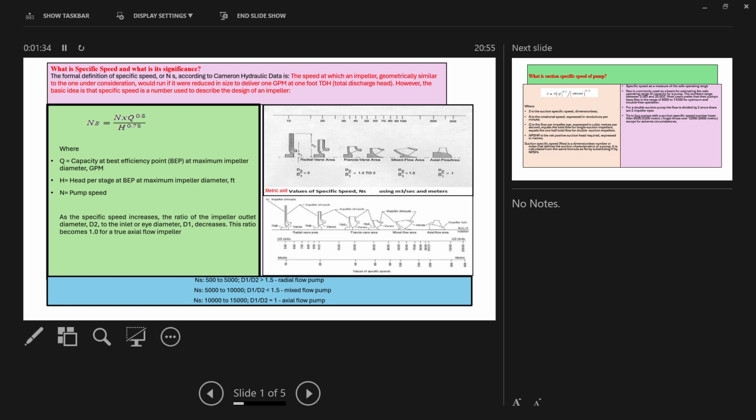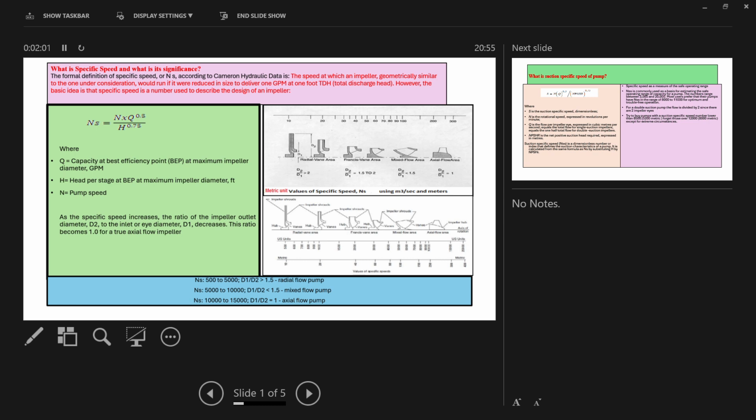Q is the capacity at BEP point, H is the differential head per stage at BEP point for the maximum impeller diameter in feet, N is the RPM, and D2 by D1 is the ratio of impeller outlet diameter to impeller inlet diameter.